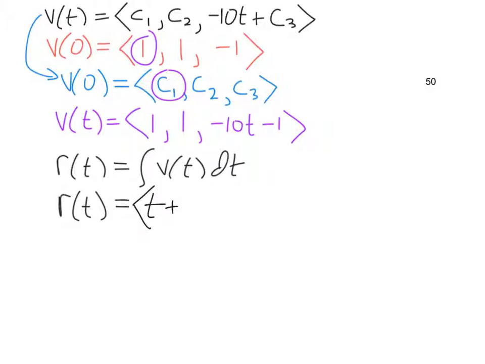If you get nervous, you can go to C4, C5, and C6, but at some point you run out of patience with subscripts. So I just default back to C1, C2, and C3. All right. So negative 5t squared minus t plus C3.